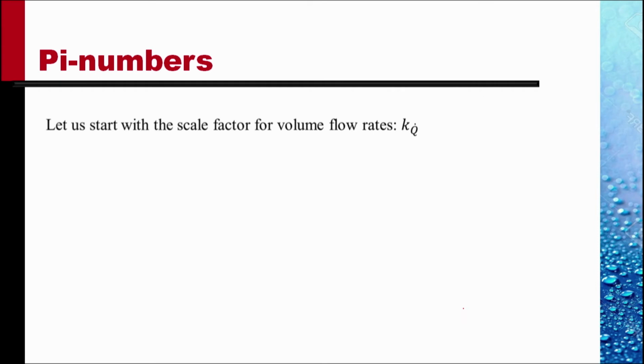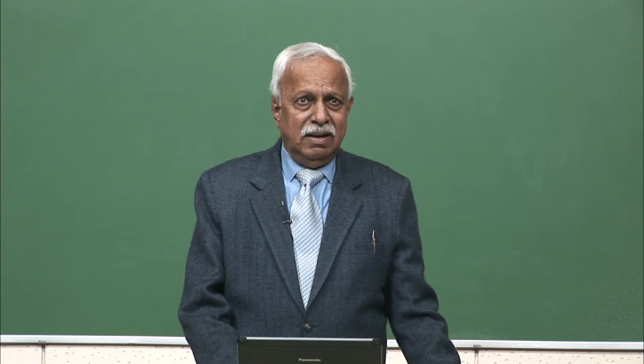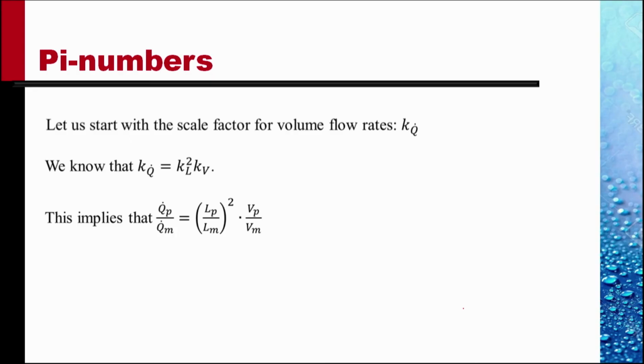Let's start with the scale factor of volume flow rate as an example, KQ dot. We know that KQ dot is like KL square times KV. Why? The volume flow rate through a pipe, for example, is equal to the velocity through the pipe multiplied by the cross-sectional area of the pipe.